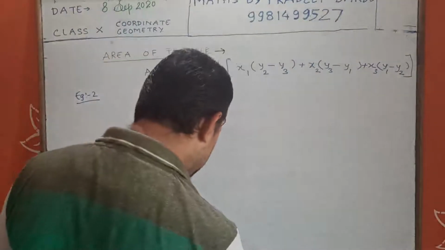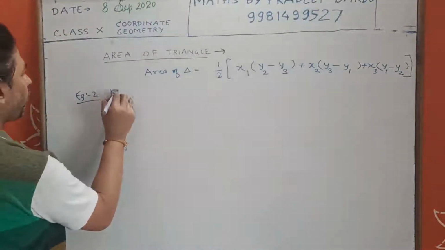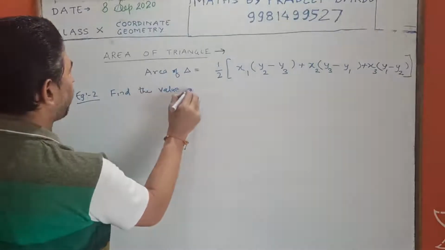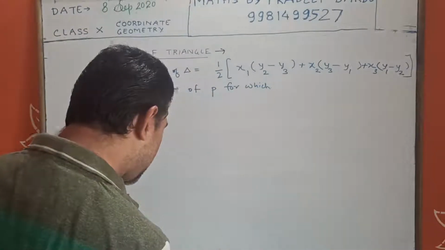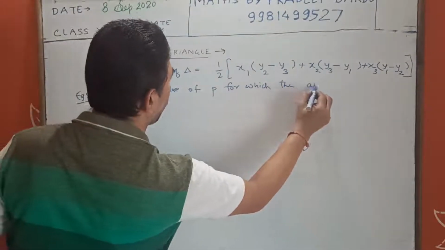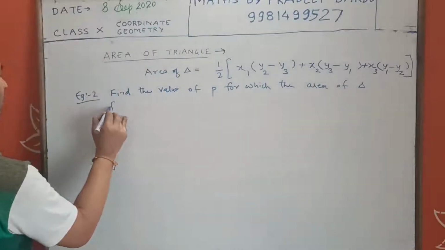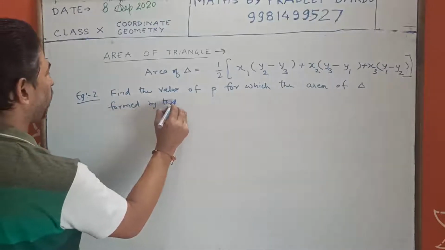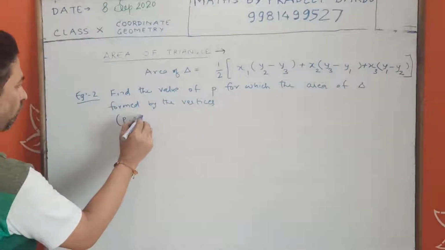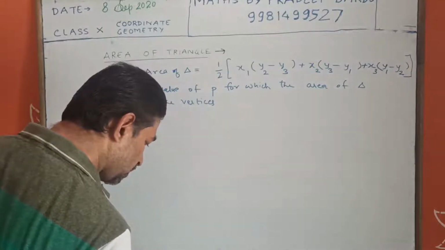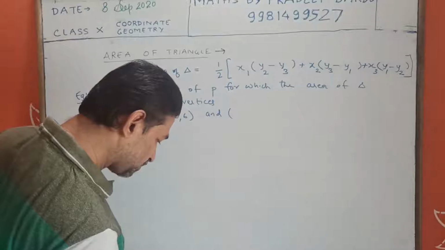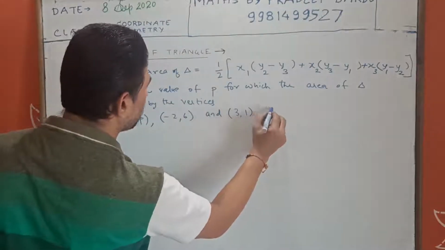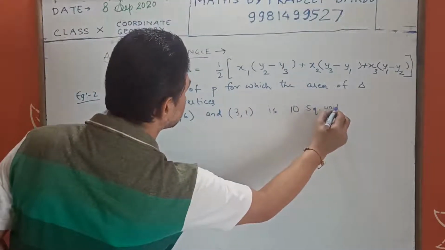Next one is example number 2. Find the value of p for which the area of the triangle formed by the vertices (p, 2p), (-2, 6) and (3, 1) is 10 square units.